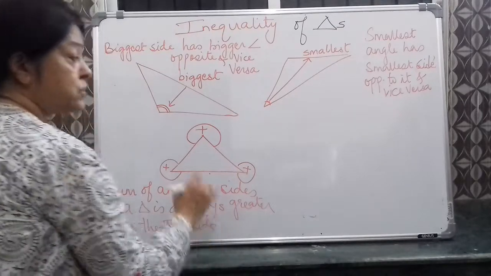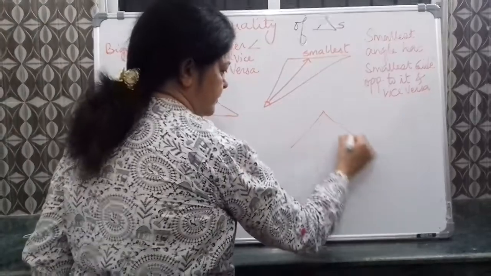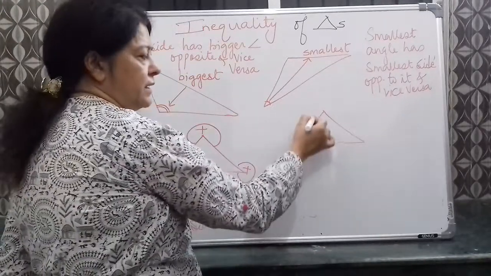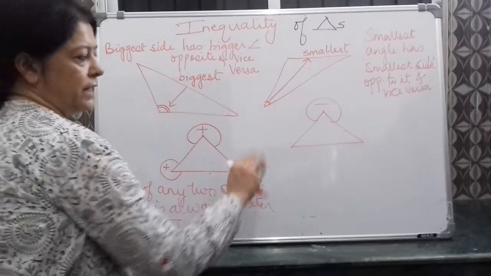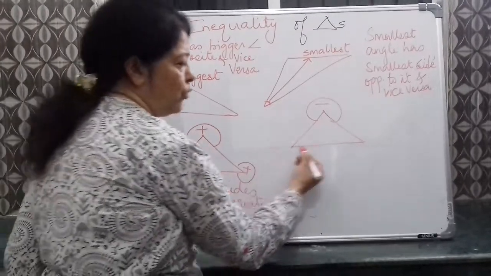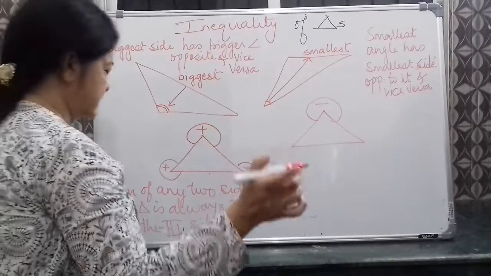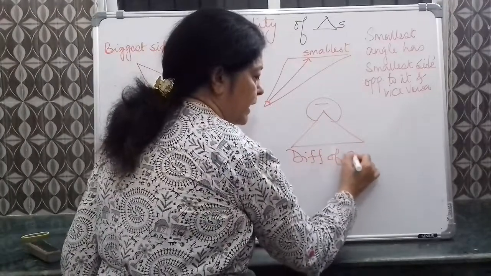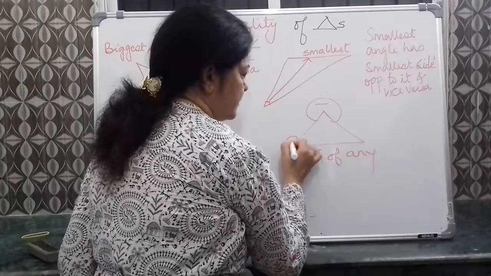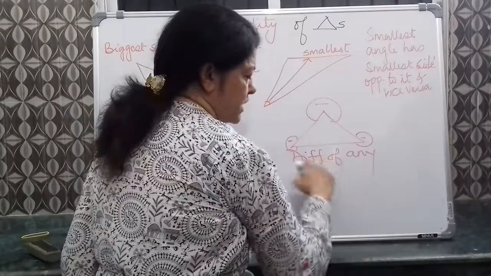And similarly, when you subtract, take a triangle, subtract any two sides. The difference that you get, the minus answer that you get will always be less than the third side. So difference of any two sides means you subtract these two or you subtract these two sides also.